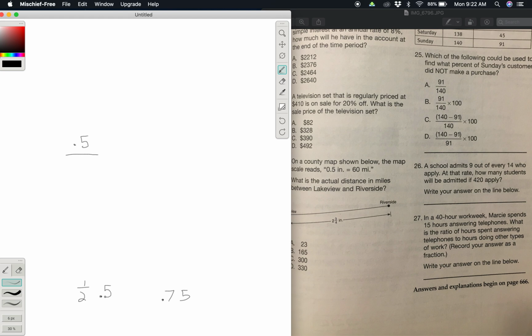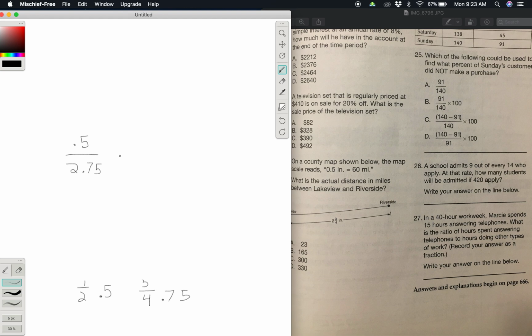So 3/4 is equal to 0.75. We can just go ahead and change this 2 and 3/4 to 2.75, because you have to solve problems by changing them to like numbers, okay?